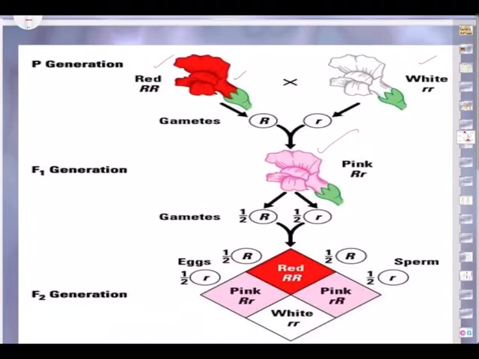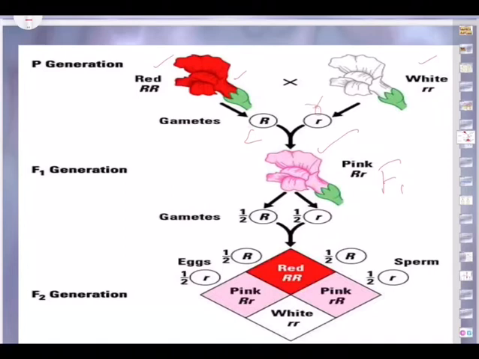So in incomplete dominance, when the red flower plant's seeds are crossed with the white flower plant's seeds, surprisingly, instead of getting, as in a normal monohybrid cross of Mendelian inheritance, red flower only in the F1 generation, the first filial generation, we get pink flower. Why red flower normally? Capital R was the dominant gene.